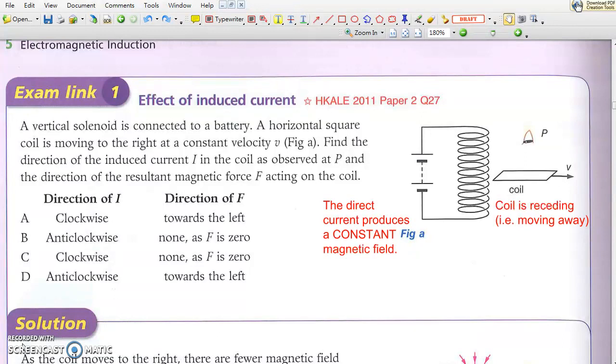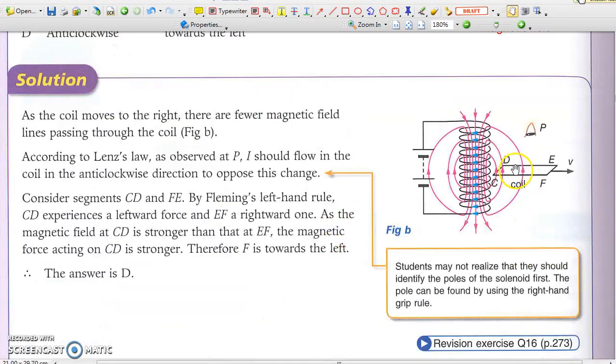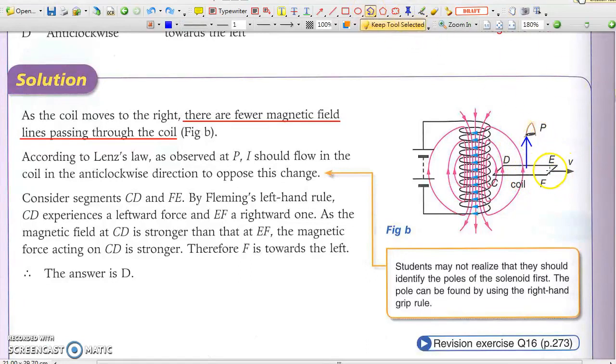As the coil may experience change in magnetic field, there will be electromagnetic induction, and hence induced current flows in the coil. Since the upward magnetic field experienced by the coil becomes weaker and weaker as the coil is receding, the induced EMF should produce an upward magnetic field in order to oppose the change.